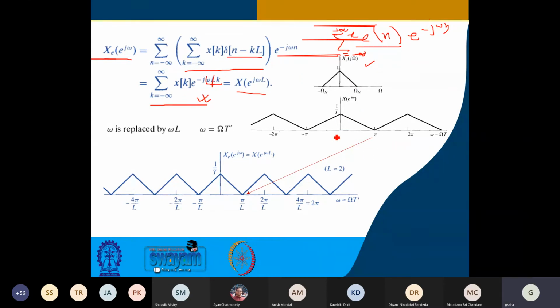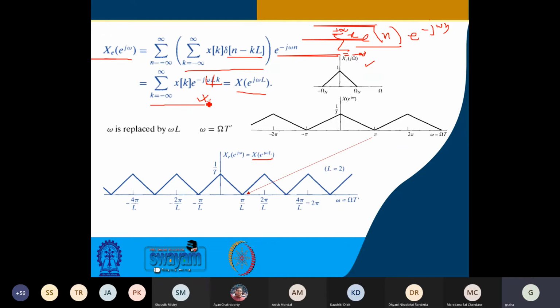So this is X(e^{j omega}), so X(e^{j omega L}) is now, instead of this pi, this becomes pi by L, and the repetition is occurring at 2 pi by L. So for L equal to 2, it would look something like this. You have two such instances.